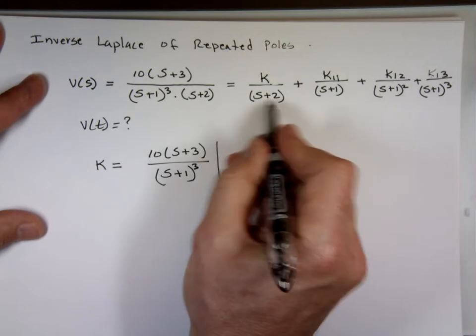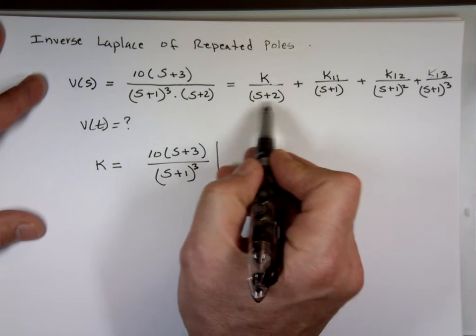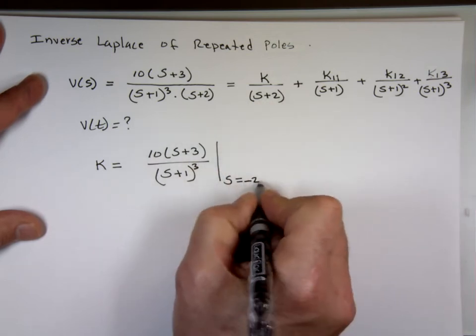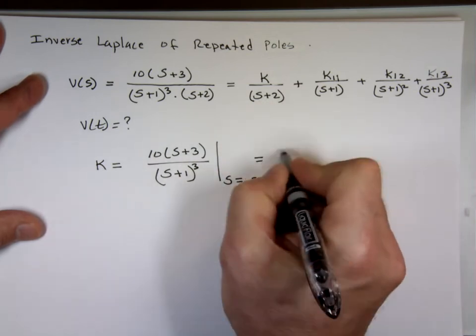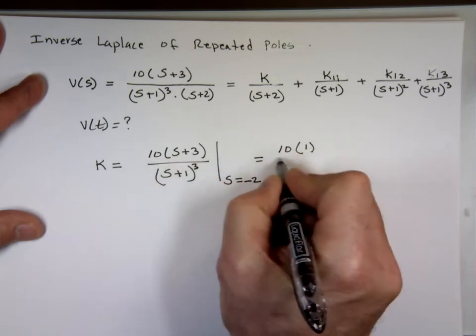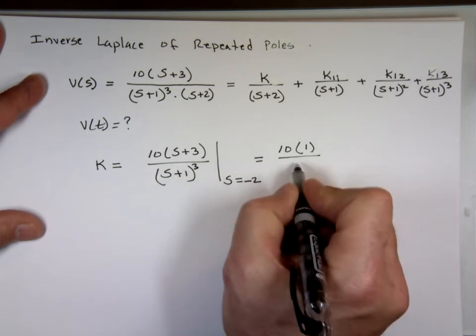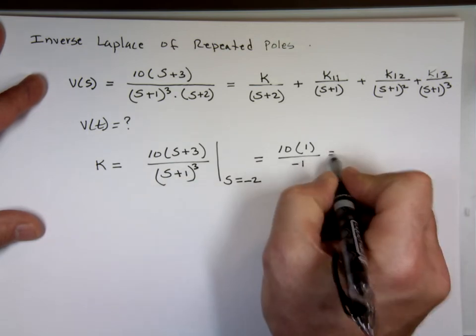What value makes the bottom 0? Negative 2. So plug it in. 10 times, what's negative 2 plus 3? That's a 1. What's negative 2 plus 1? Negative 1 cubed, that's a minus 1. That's a negative 10.